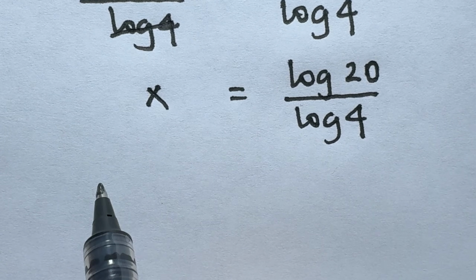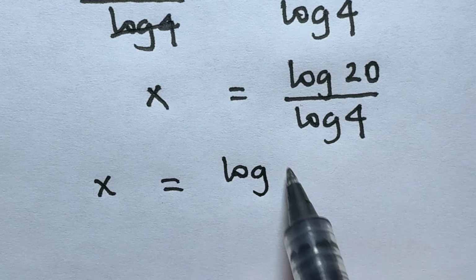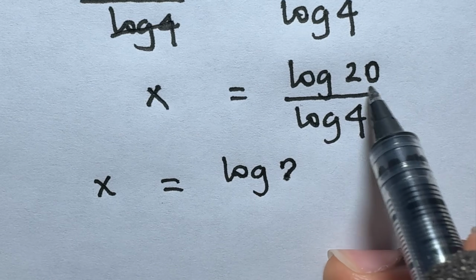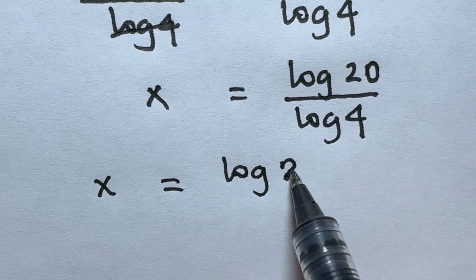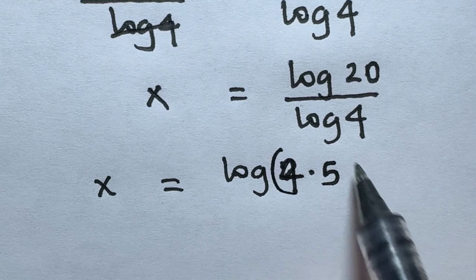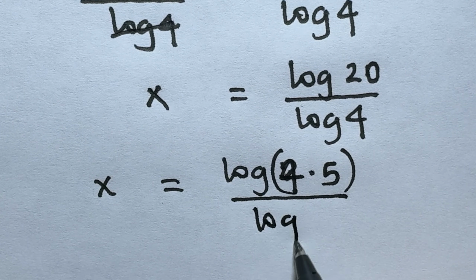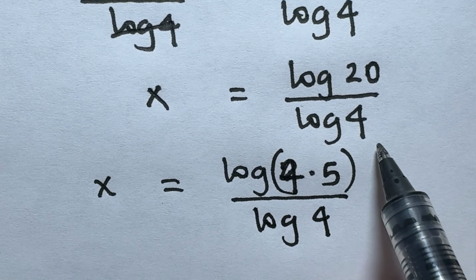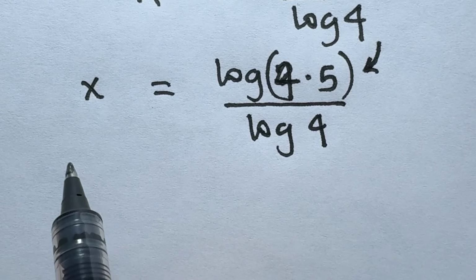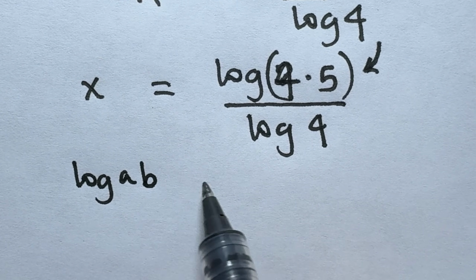We can also write this as x is equal to log. Since we have 4 here, I can express 20 as 4 times 5. So let's change this to 4 times 5, then divided by log 4. Then this expression here, we see it of the form log a times b.